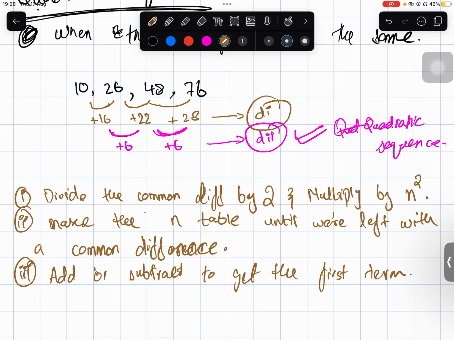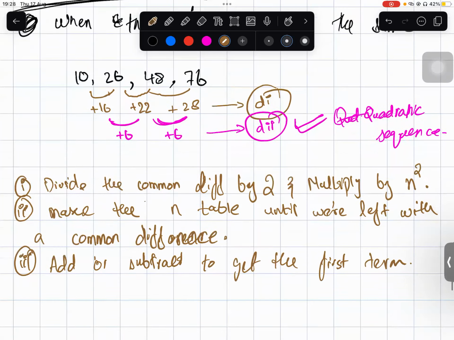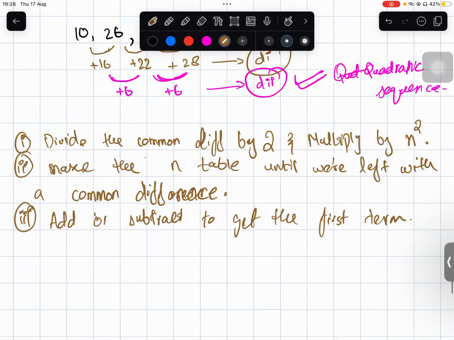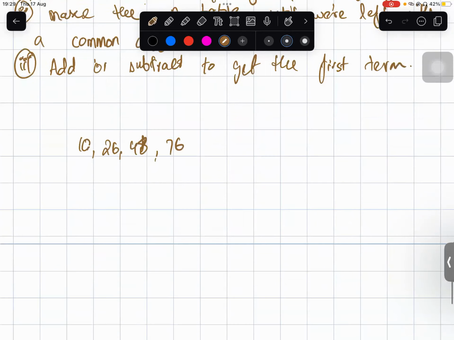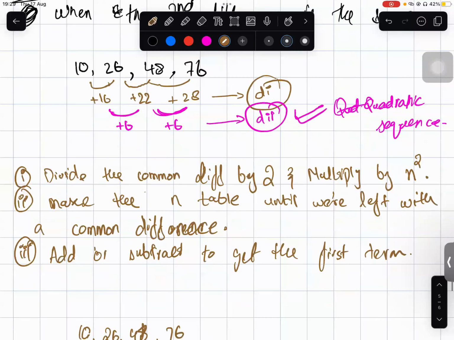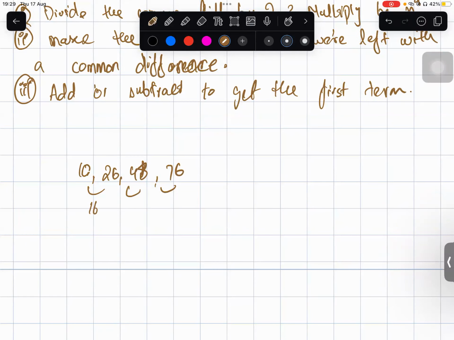So now let's do a couple of examples for this. For example, this example itself, 10, 26, 48, 76. This is your sequence. The differences, as we understood before, are 16, 22, and 28 on the first level, and then you've got a plus 6 here and a plus 6 here.